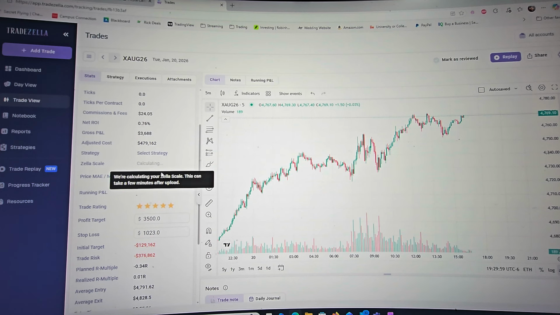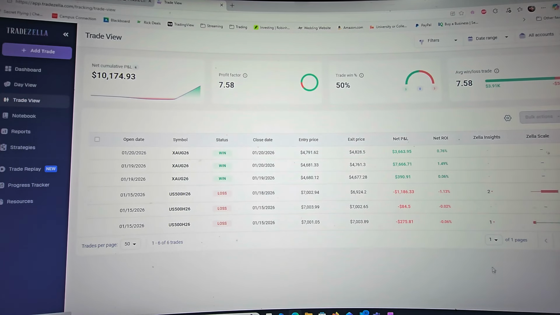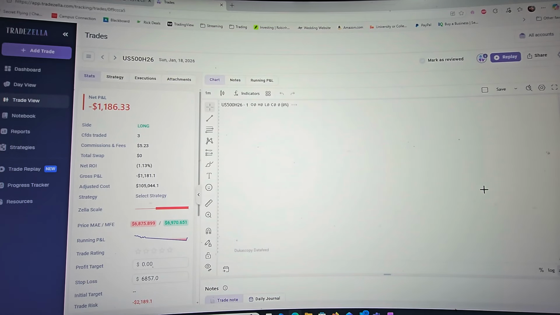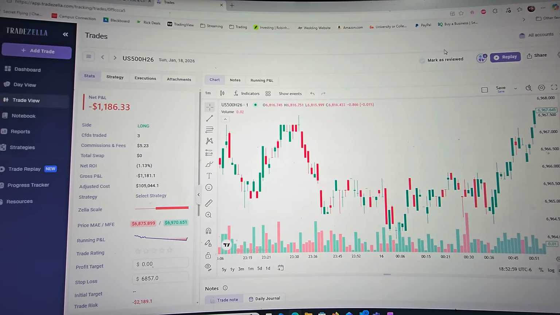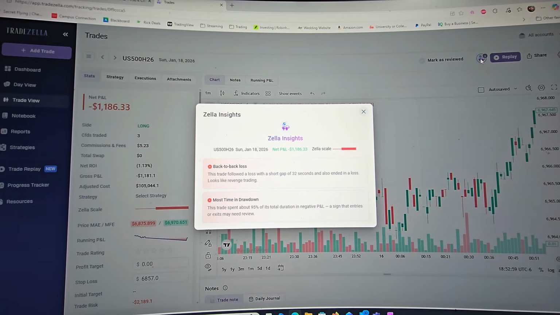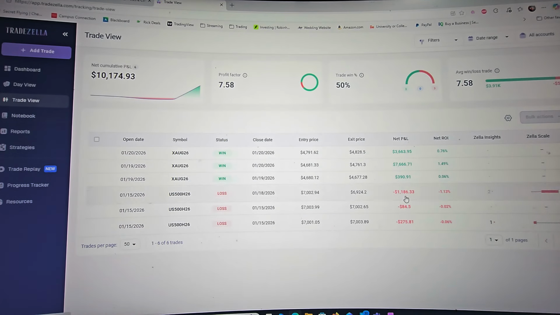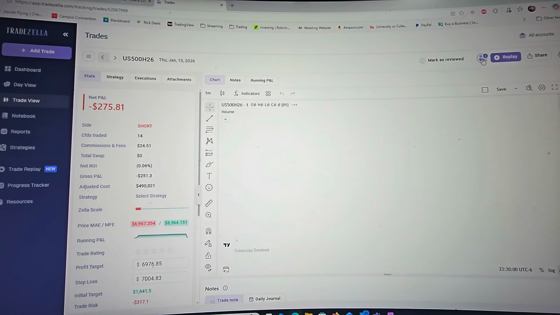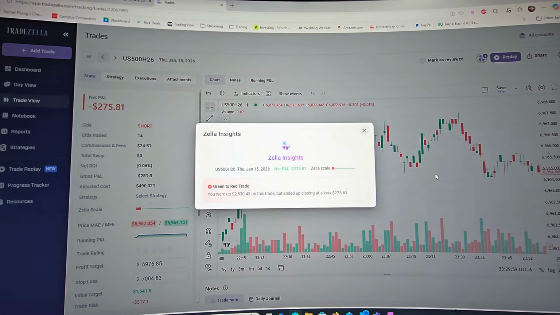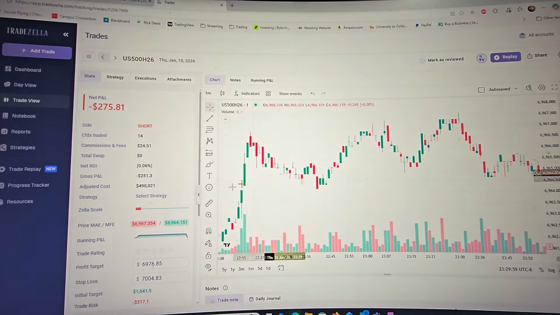Zella Scale is still calculating. Okay. Back to back loss and most time in drawdown. I see that, Zella. Which have many times green to red, I know. Anyways.